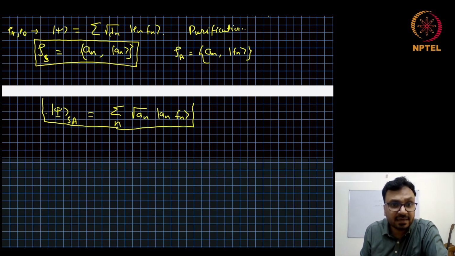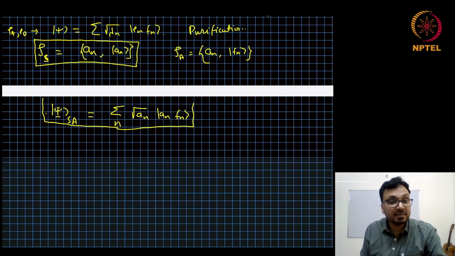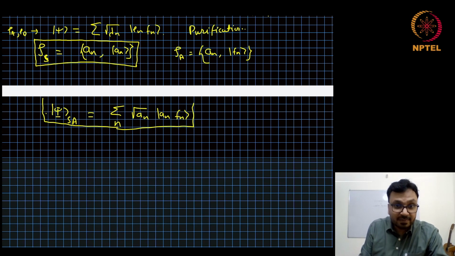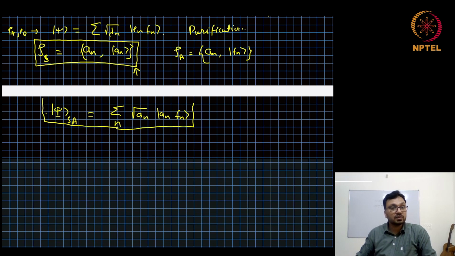The state of the bigger quantum system can be written as a pure state with Schmidt coefficients square root of an and Schmidt vectors en and fn. fn is again arbitrary, we can choose it to be anything, because ultimately it has to result in the physical density matrix rho S of interest.